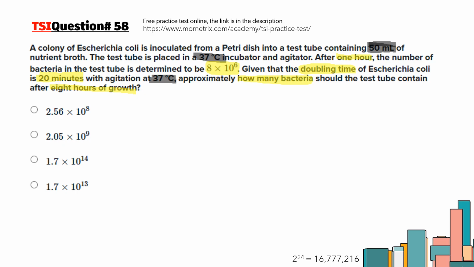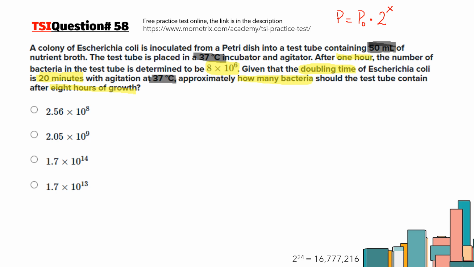So this is a growing question, which has the new population P equal to the initial population P naught multiplied by 2, since it is doubling time, base 2 to the power of x.